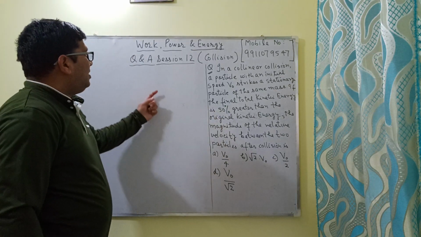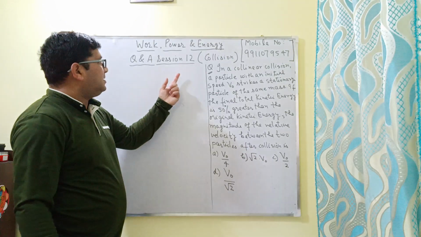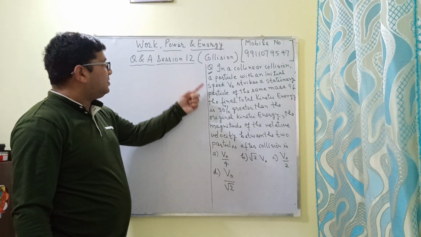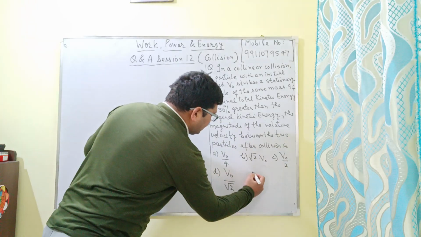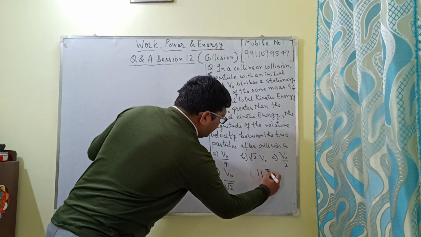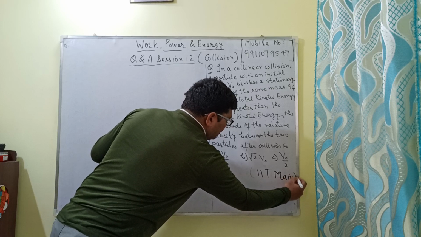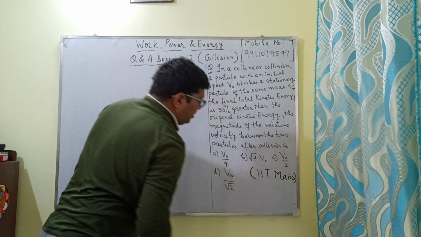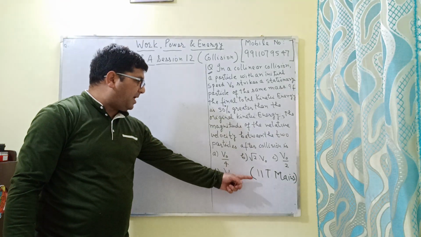Based on the last two sessions, I have taken one question which is written on this board. This question was asked in the IIT Mains examination a few years back.